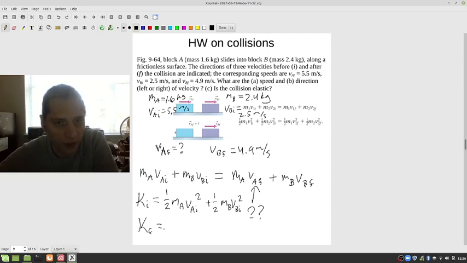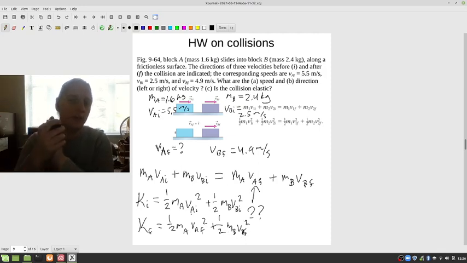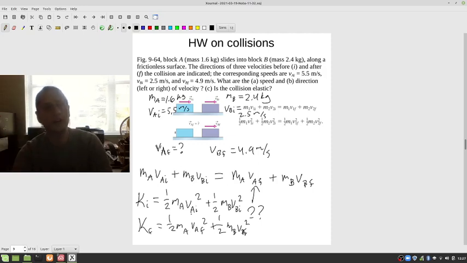Then your final kinetic energy is going to be 1/2 mA vA final squared plus 1/2 mB vB final squared. Unless you've had some sort of explosion, you would expect your final kinetic energy to be smaller than or equal to your initial. So what you're checking is, is it smaller than the initial? Because then it would be inelastic. If it's equal to the initial kinetic energy, it's going to be elastic. So I'm going to let you check that out.